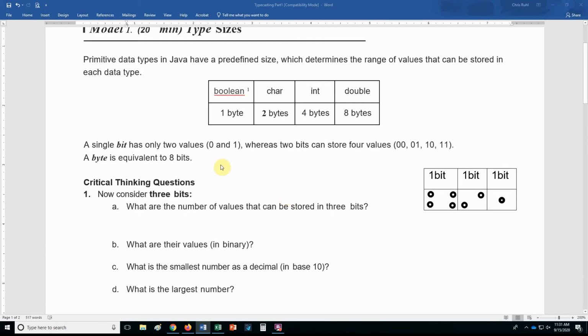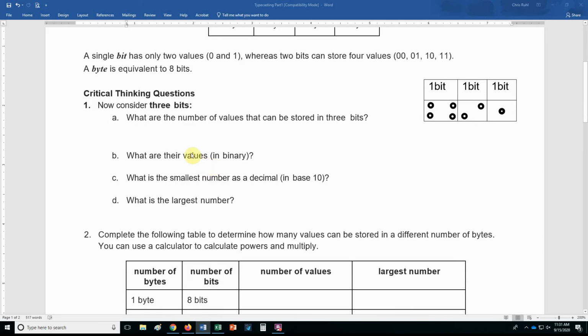That was 2 bits. Consider 3 bits. It says, what are the number of values that can be stored in 3 bits? Here's a table with 3 bits. The first bit has a 1 in it.